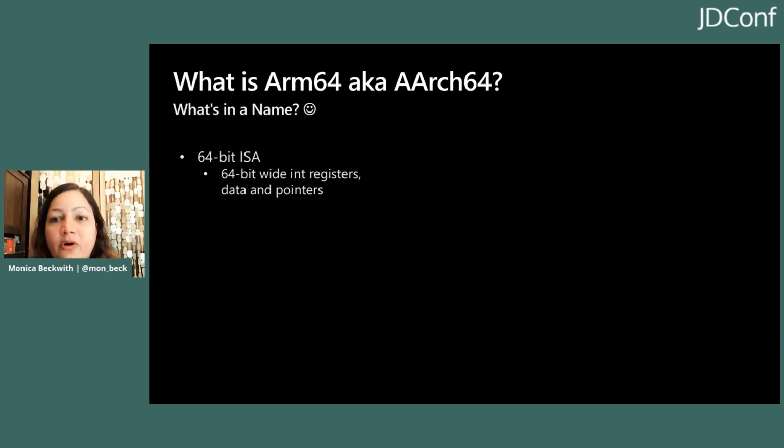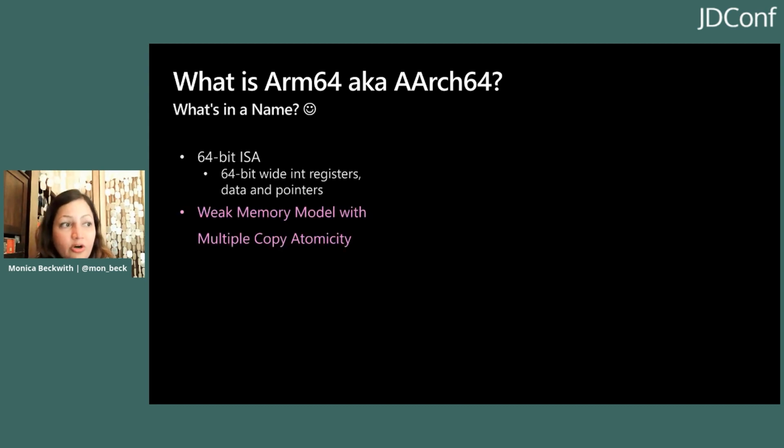ARM64 is also known as V8, ARM V8, and I'll talk more about the ISA and how it developed over time. ARM, as many of us may know, is a weak memory model. But with the introduction of V8, we also got multiple copy atomicity.